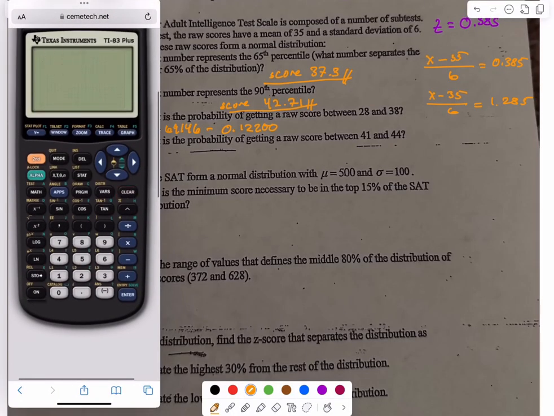So then I'm going to do 69.146 minus 12.2. So about a 56. So I'm getting a probability of about 56.946% for that one.